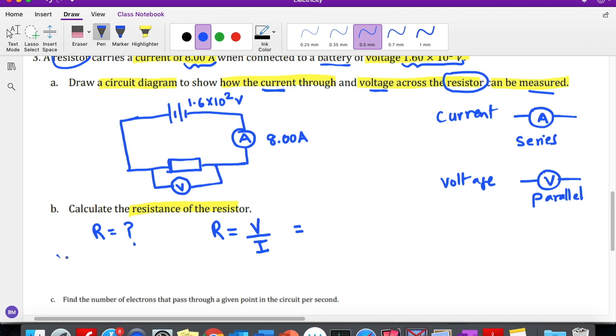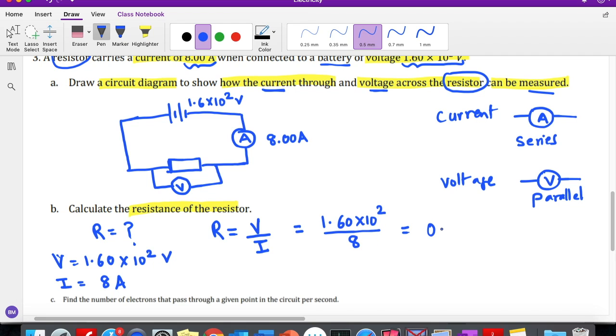Potential difference is given in the question as 1.60 into 10 to the power of 2 volt, and the current is given as 8 ampere. We can substitute 1.60 into 10 to the power of 2 divided by 8.